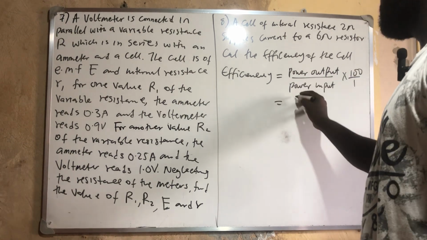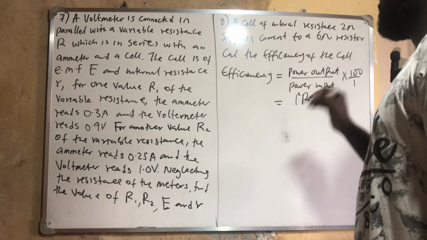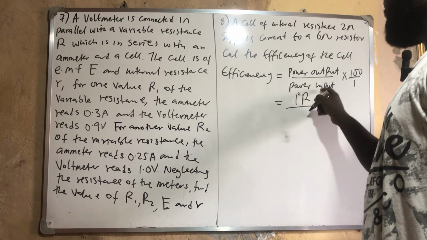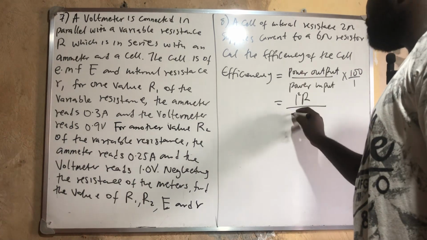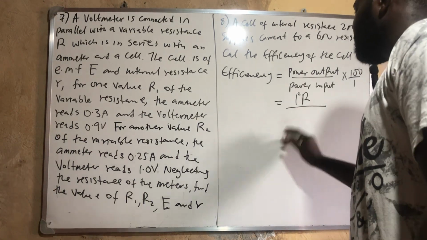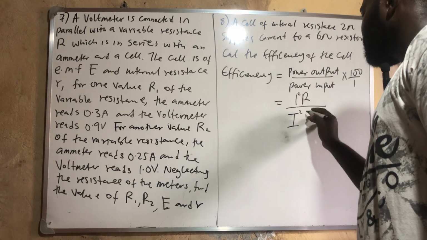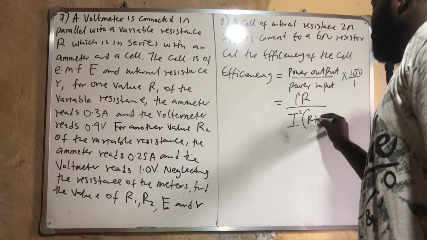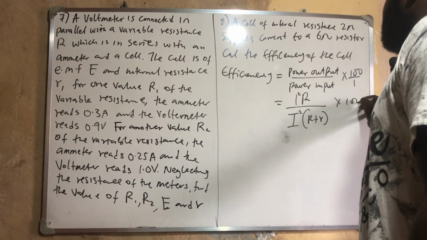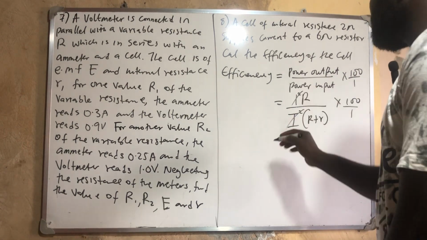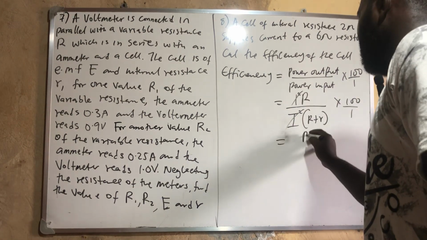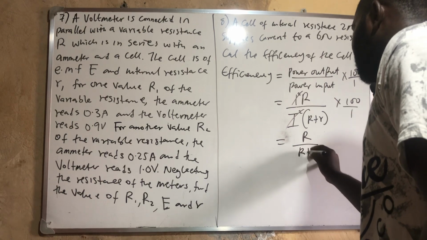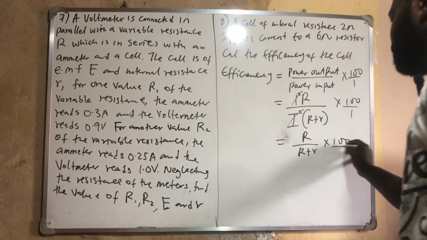And what is power output? I squared R, big R. But the power input is both the small r and the big R, which is I squared, big R plus small r, times 100 over 1. So the I here is taking care of the I here. So I'm left with R over R plus r, times 100 over 1.